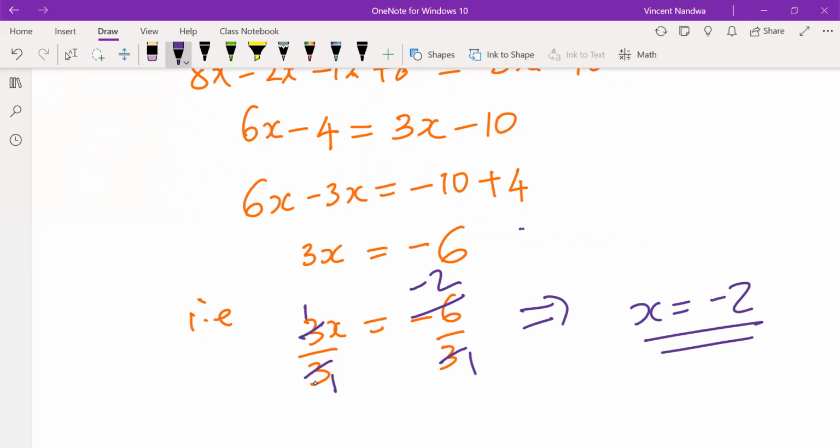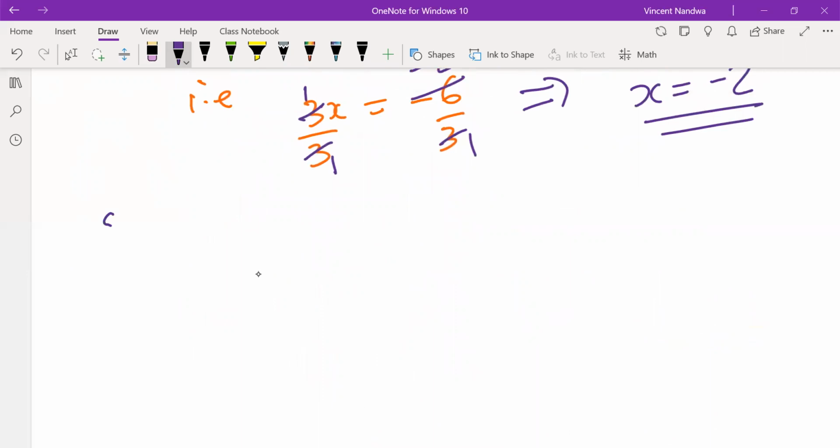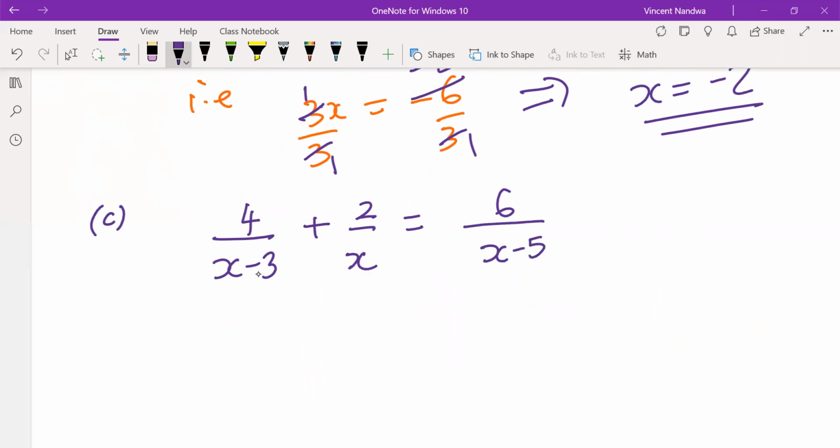Next question, that was B. C: 4 over x minus 3 plus 2 over x equals 6 over x minus 5. So the first thing, let's get the LCM of the denominators.